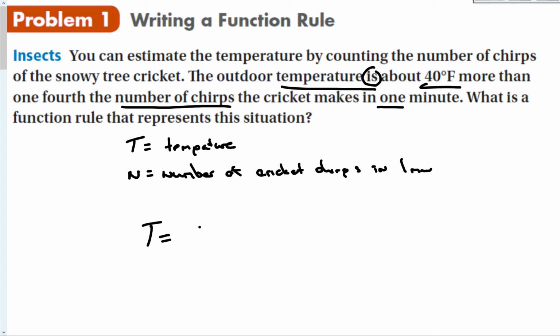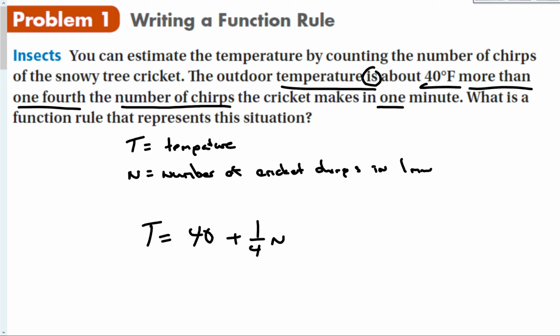So let's start with 40. 40 degrees more than, so that means we are going to be going up. So we want to add 1/4 the number of chirps. So 1/4 times n. And that is my function rule.